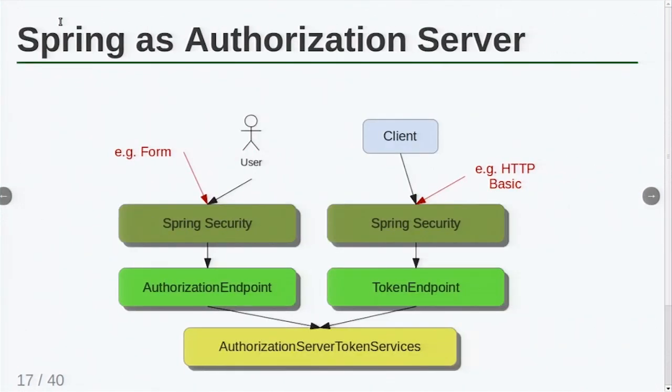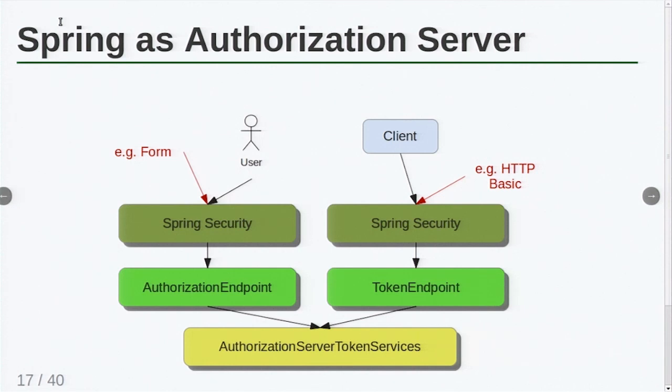If you're acting as an authorization server using Spring, then it looks like this. Like I said, it's two different MVC endpoints, token endpoint and authorization endpoint. Both of them have standard Spring Security filters in front of them for doing authentication, one of the client, one of the user. And those are served by authorization server token services.